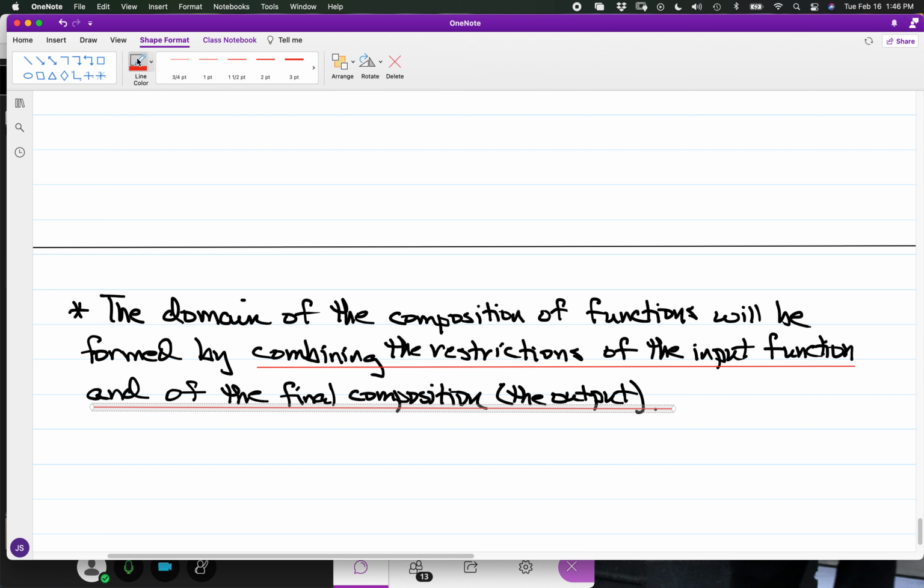And just stressing again in case you have the input function and of the final composition, namely the output.